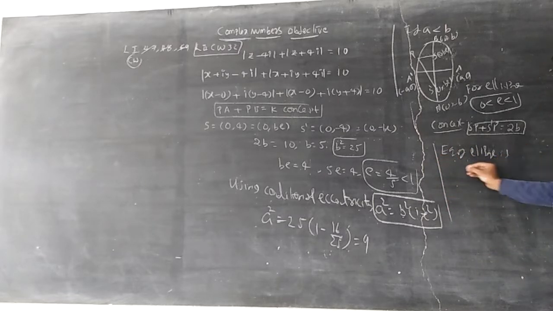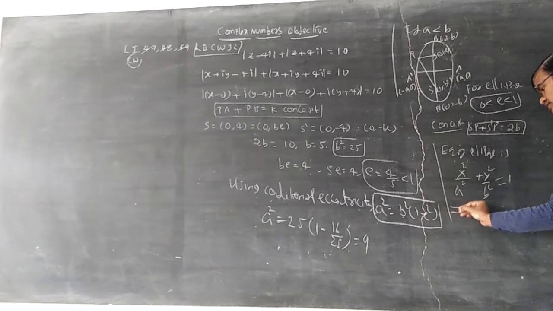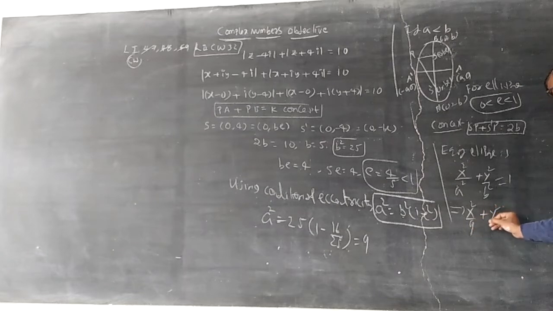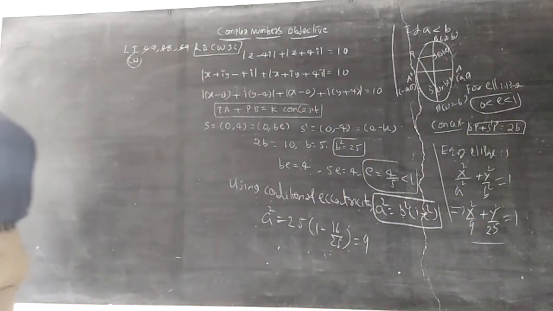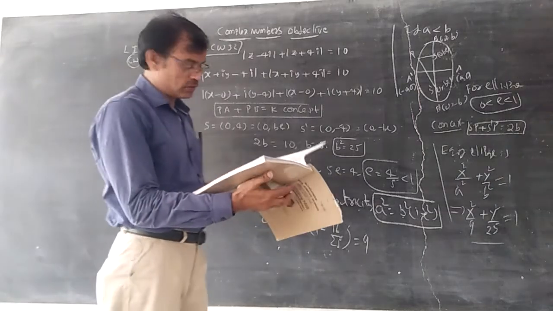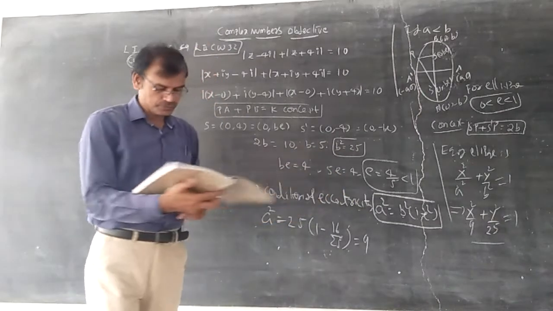The equation of the ellipse is x square by a square plus y square by b square is equal to 1. That implies here x square by 9 plus y square by 25 is equal to 1. This is the standard equation of the ellipse. Question 247, option 4, given, yes, it is correct.